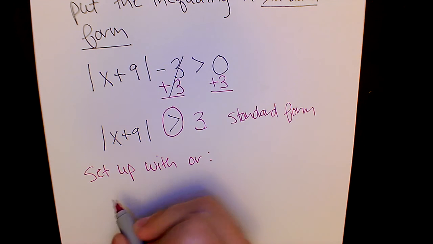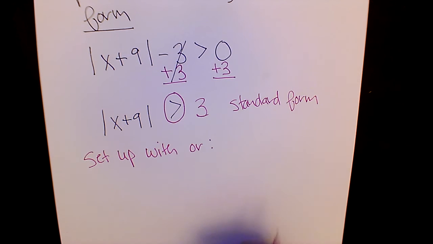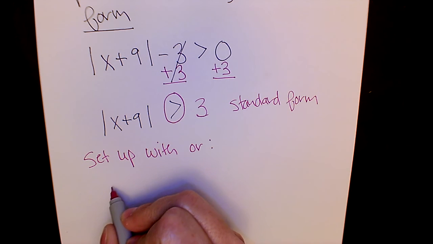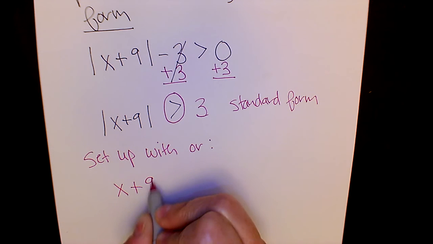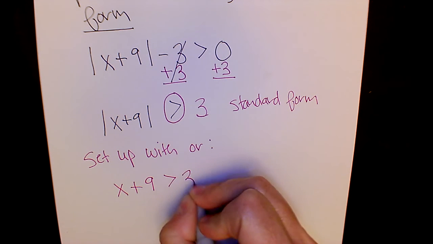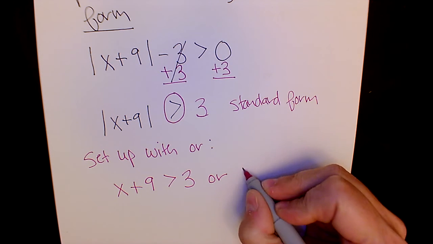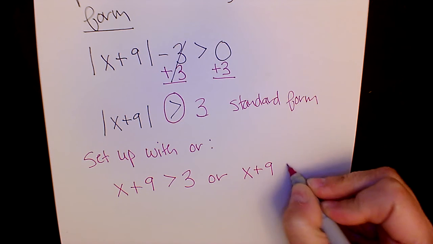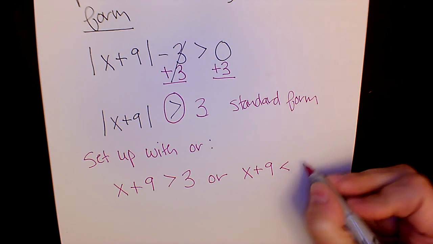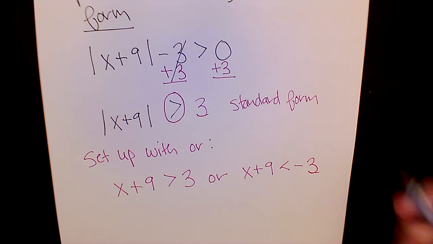We're going to take the x plus 9 out of the absolute value, and we're going to say x plus 9 is greater than 3, or x plus 9 is less than negative 3.